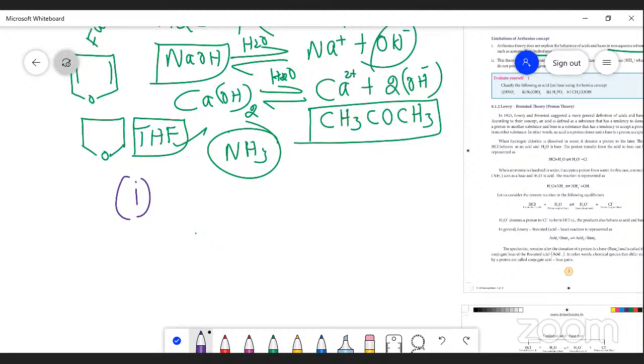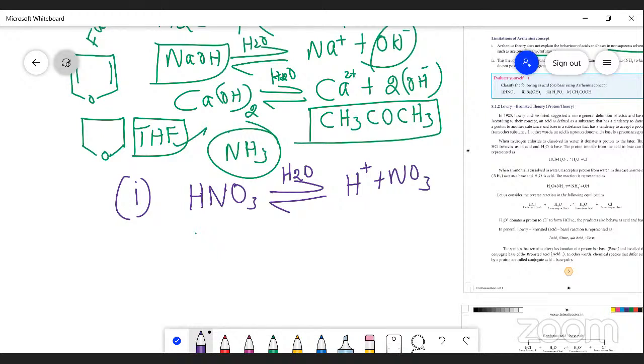Is HNO3 an acid or base? Nitric acid is simply an acid. Okay, let it be. We are applying the Arrhenius theory there. What can we get? HNO3 gives H+ ion and NO3-.